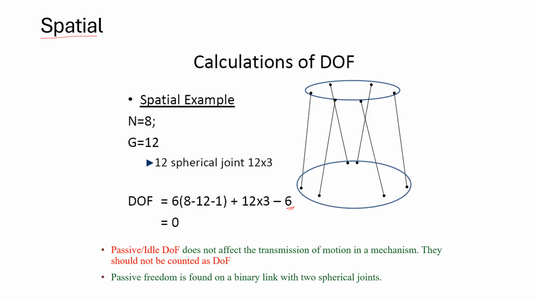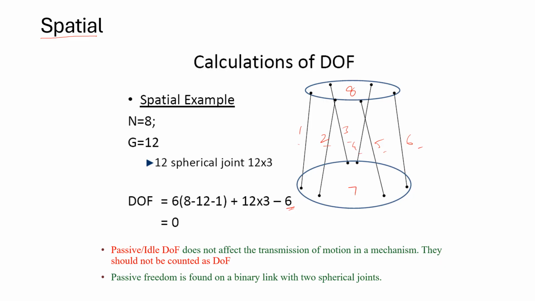In the manipulator figure shown, you have 8 links, that is 1, 2, 3, 4, 5, 6, then including the base, 7 and 8, right? And you have 12 joints. In each of these 6 links, you have two joints connected.